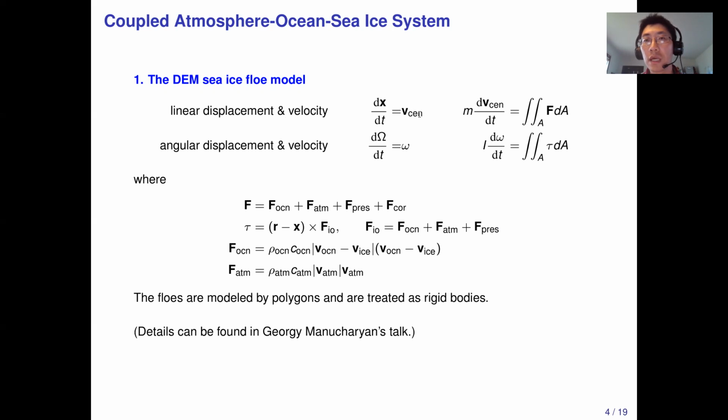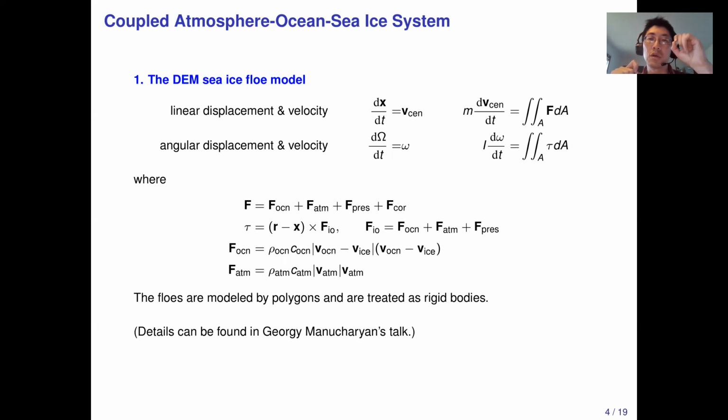Here V_C^n means the velocity of each floe piece, the velocity at the center of each piece. The second equation is F equals ma, Newton's law. So dv/dt is acceleration, m is mass, and this force F is the total forcing.